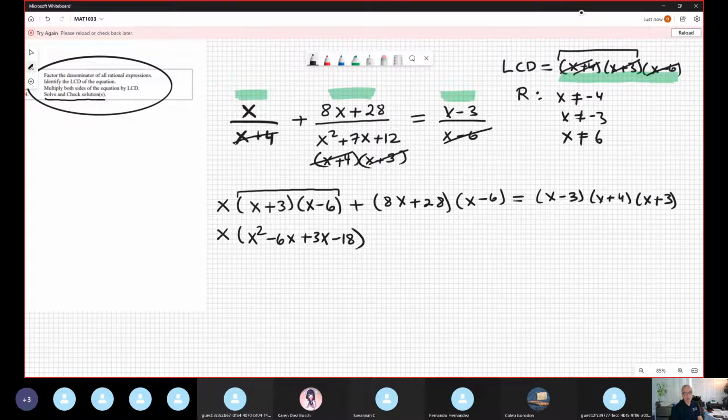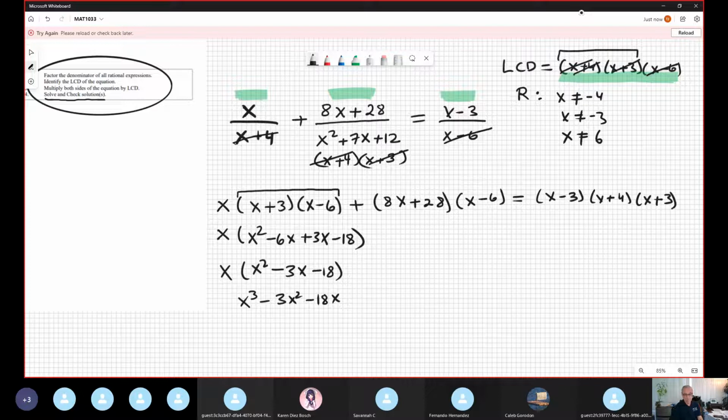Why not put it in the next line so as not to confuse me? The last is minus 3 times 6, minus 18. Okay. Whatever you multiply, it is x cubed minus 3x squared minus 18x.